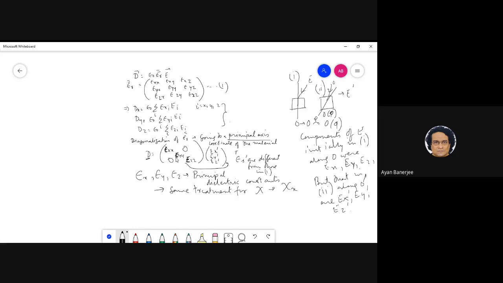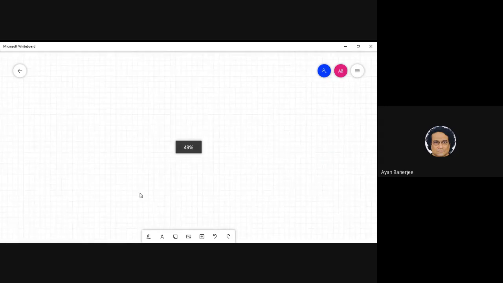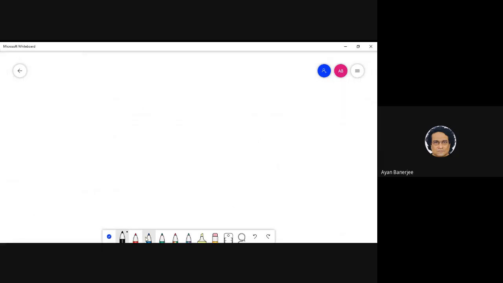Okay. So one important thing that we will look at now, maybe I'll go to a new thing because it's a new topic. What is very crucial is the fact that Qij, your chi ij or susceptibility, will in general depend on the direction of E. Very crucial.